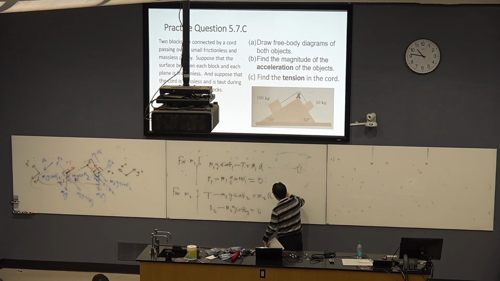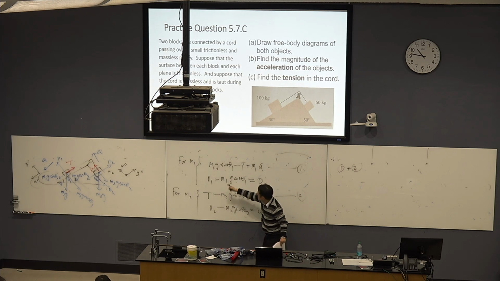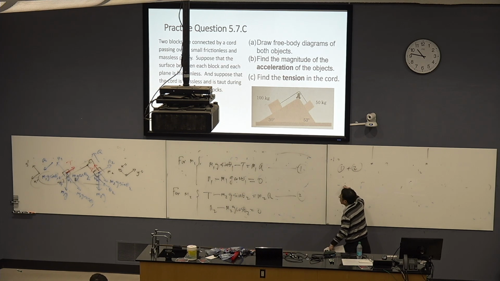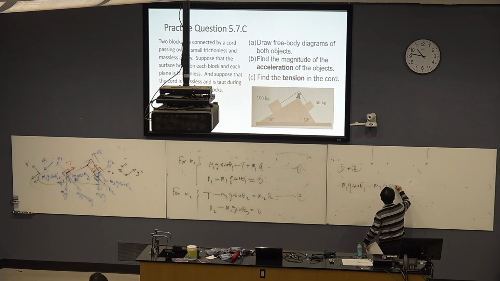So now let's look at these two equations, 1 and 2. How would you get acceleration? Try to get the sum. Okay? If you get the sum of 1 and 2, you will see that tension will get canceled out because the tensions are of the same magnitude. So you have this thing, M1G sine theta 1 minus M2G sine theta 2.